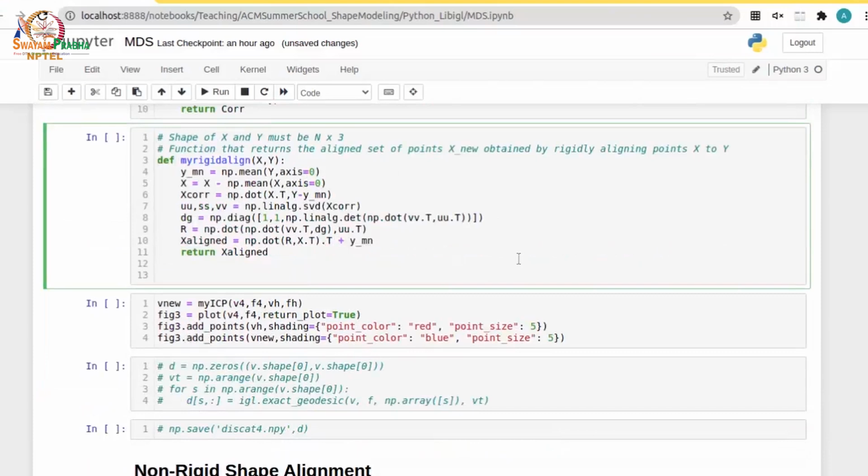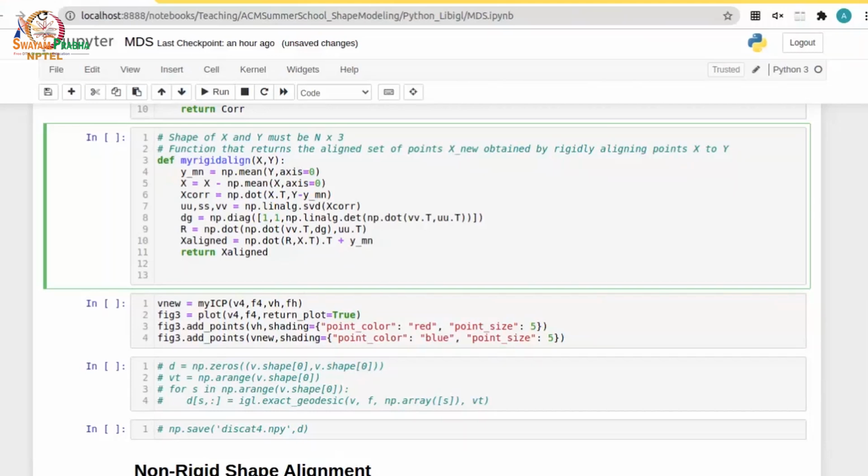Second function that is also given to you is myRigidAlign. So basically it takes one mesh and the vertices in the other mesh which are put in a corresponding order to the first mesh.